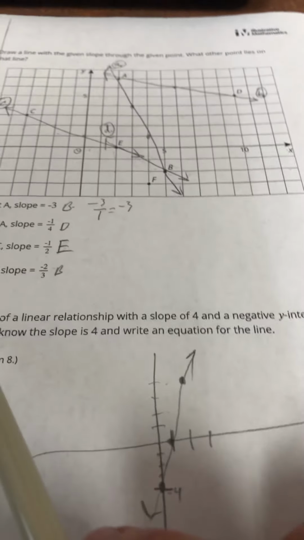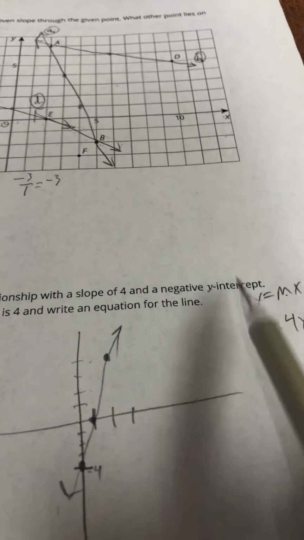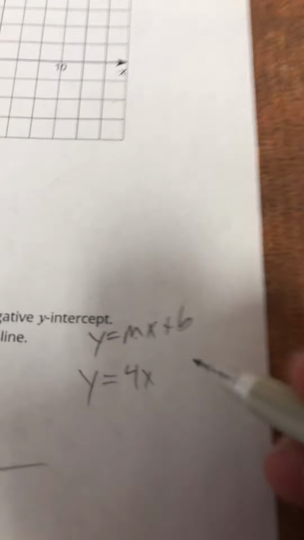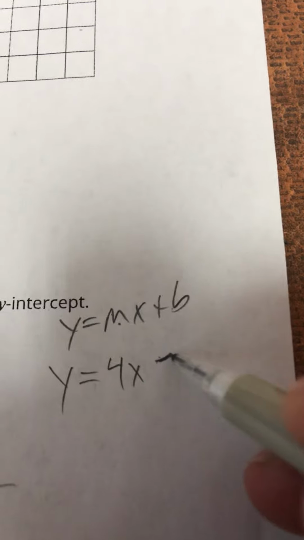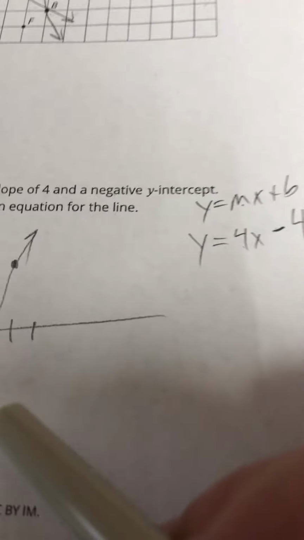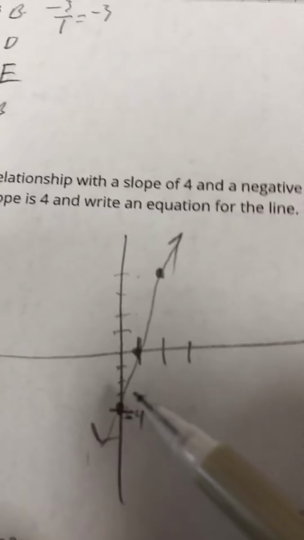Why did I make it with a slope of 4 and a negative y-intercept? Oh, I just happen to have negative 4 as my y-intercept. I thought it said to have negative 4, so that would be negative 4. So I have a negative 4 intercept, and I have a slope of 4, up 4 over 1. So it's real steep, and it's going up.